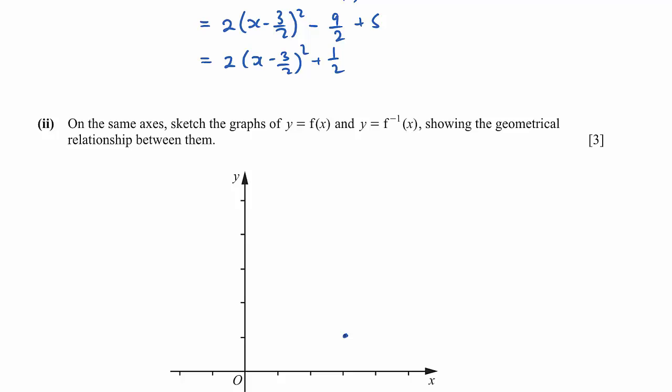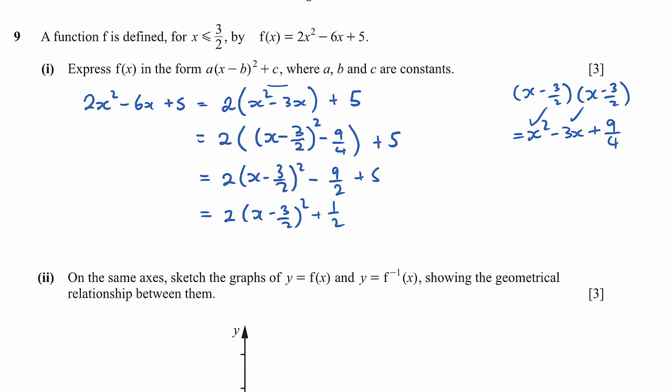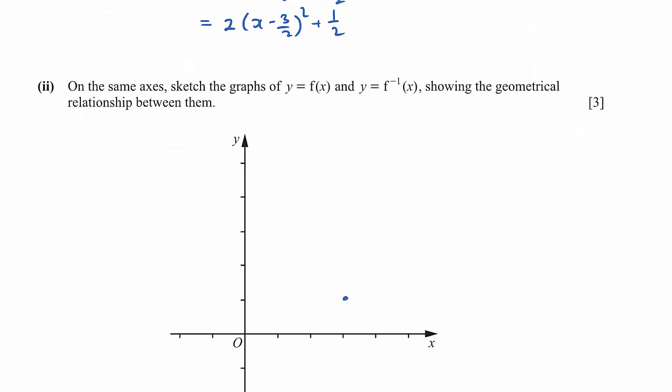Now when x is equal to 0, we'd have 9 over 4 times 2, so that's 9 over 2 plus a half. So that's going to be 5, and clearly I can't fit it on the scale I started with.